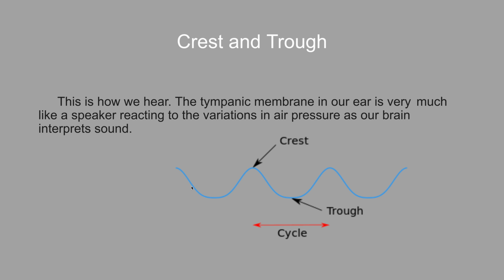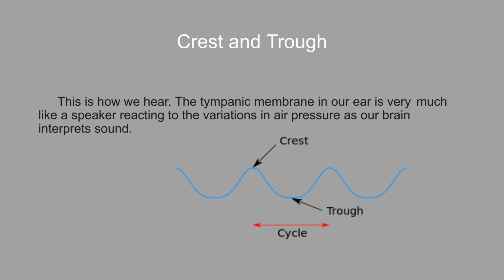So our sound wave right here: crest is the high point, trough is the low point. The distance from a crest to another crest is one full wave cycle. That's what's called a cycle. Sometimes in later videos I may say 440 hertz.